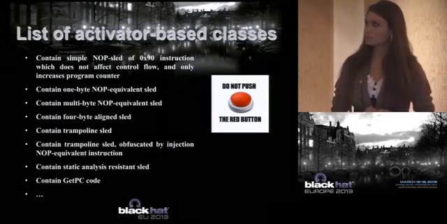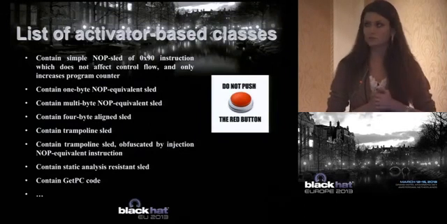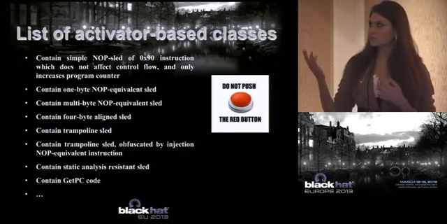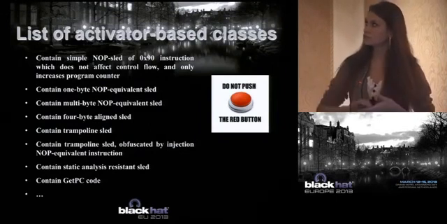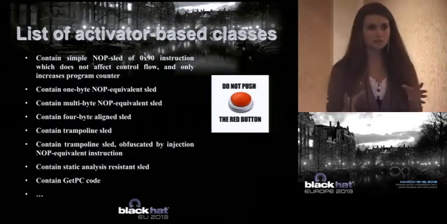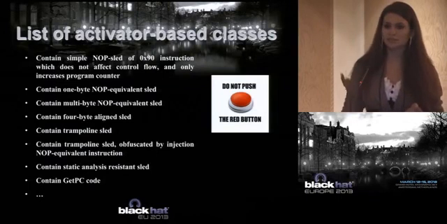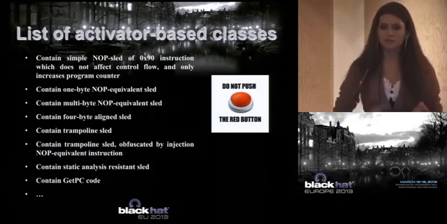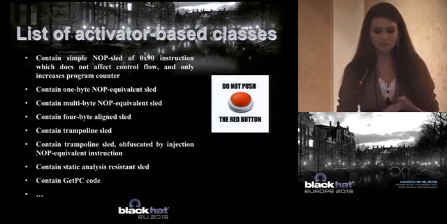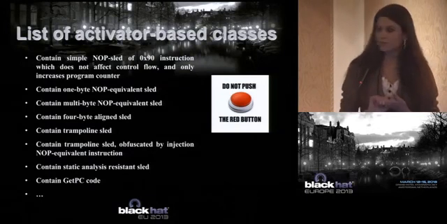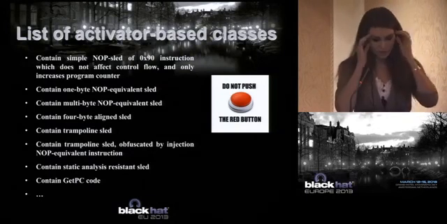Depending on those features, we could present some set of shellcode classes. They could be grouped into some meta classes like activator-based classes, payload-based classes, return address-based classes, decryptor-based classes, and so on. Here is an example.